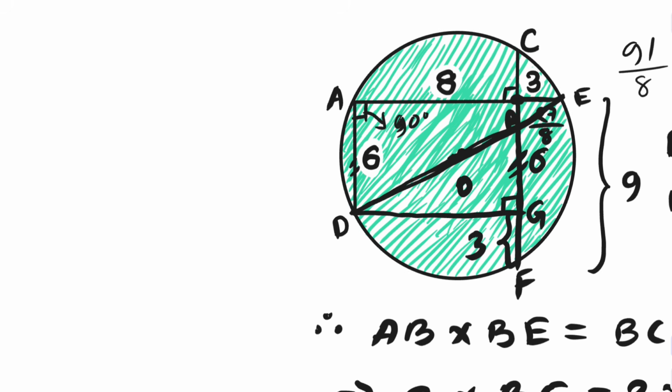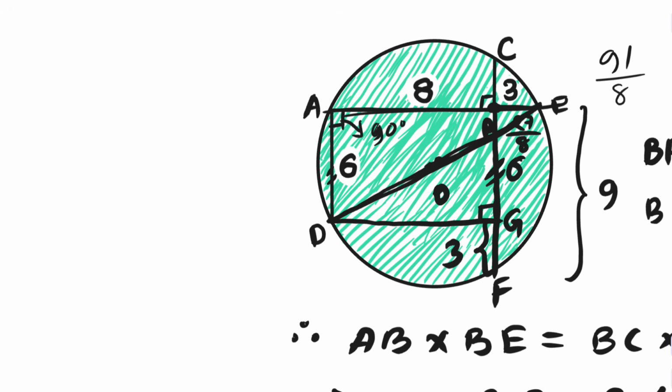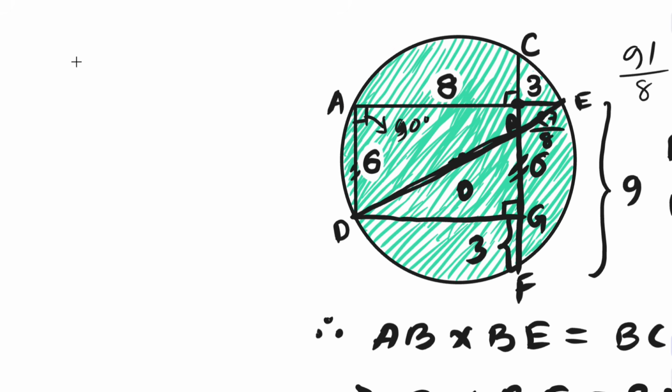Now let's focus on right triangle DAE. One leg is AD, which equals 6. The other leg is AE, which equals 91 divided by 8. The hypotenuse is DE, and since this is a right triangle, we can use the Pythagorean theorem.